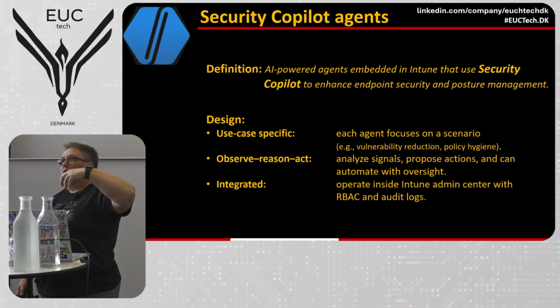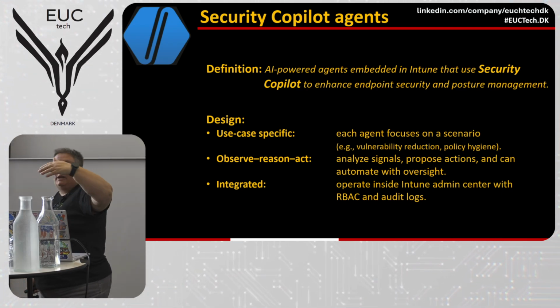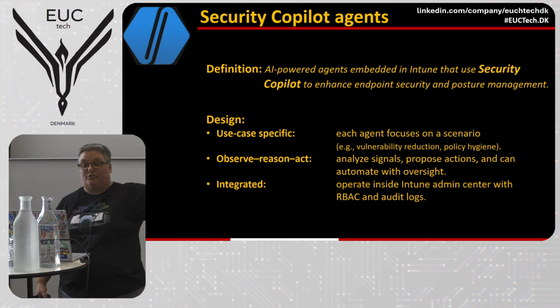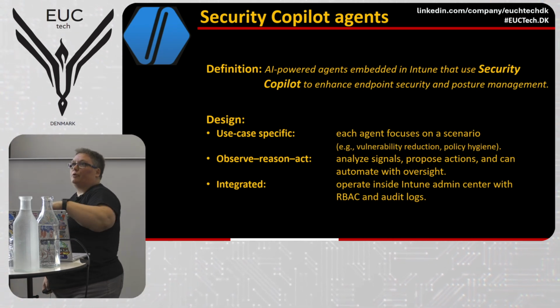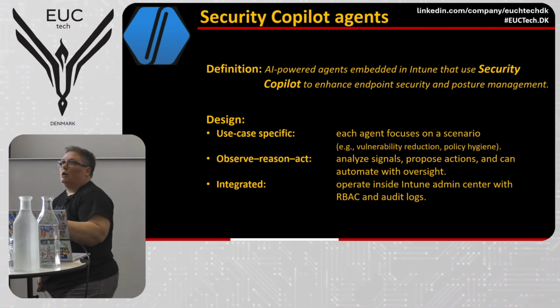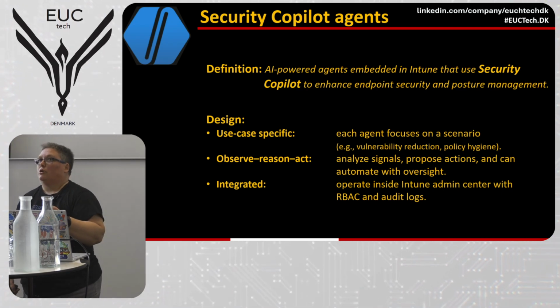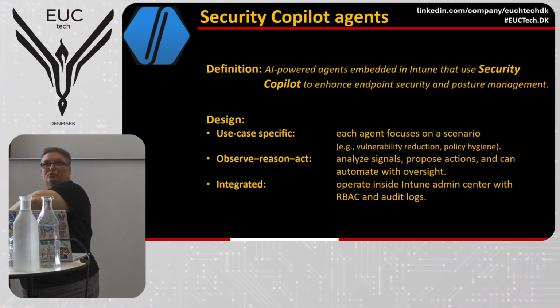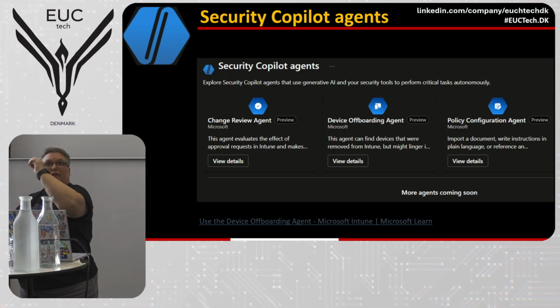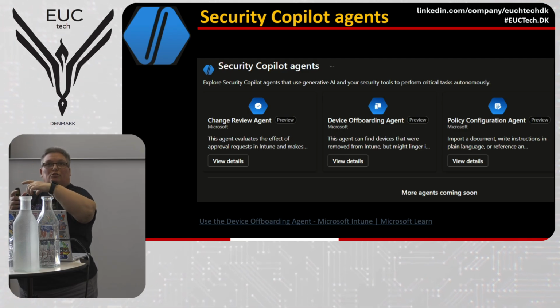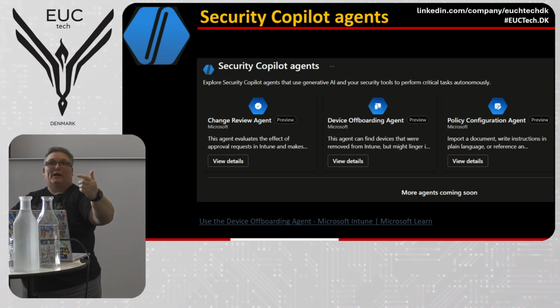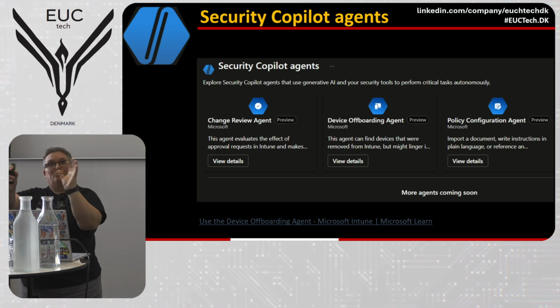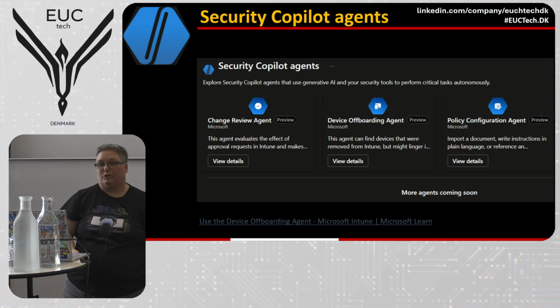It does offer that observe, react, or reason and act capabilities, and it's fully integrated within your Intune admin center. So that you don't have to switch to Security Copilot and then start doing your own queries there, or run the agent from there. You can just use it from within the console.